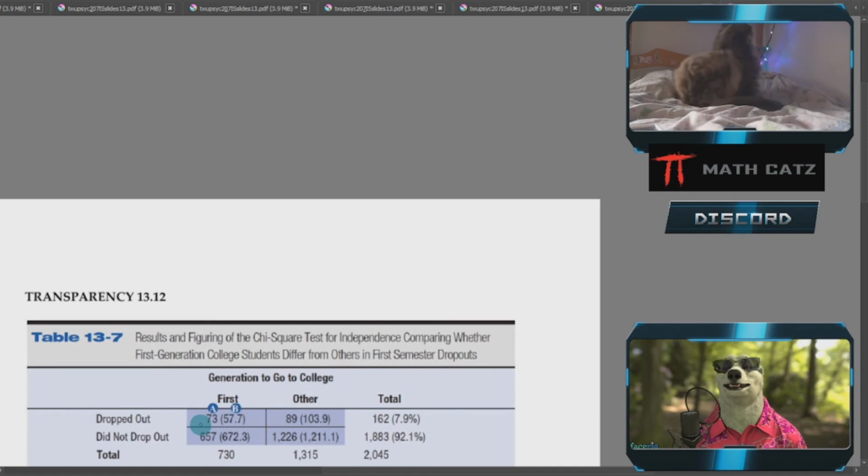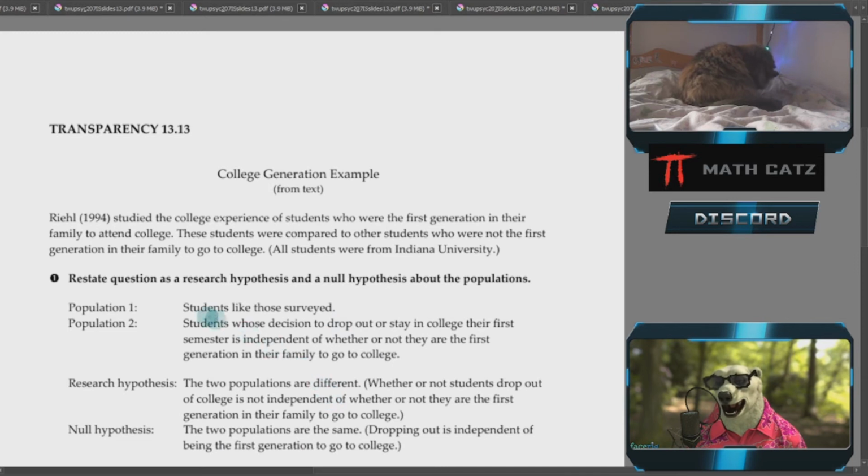And we observed 73, 89, 657, 1226. For example, 1,226 students in our survey were not first generation and did not drop out. Okay, so let's go back to what we're actually asking here, students surveyed and students in general.